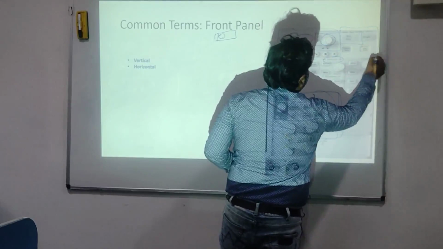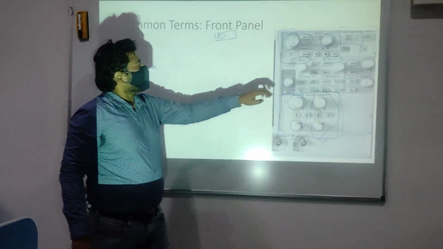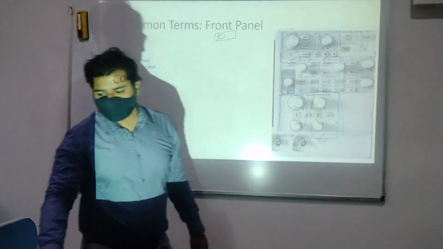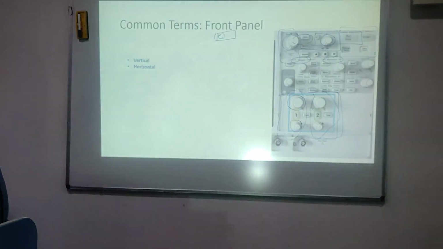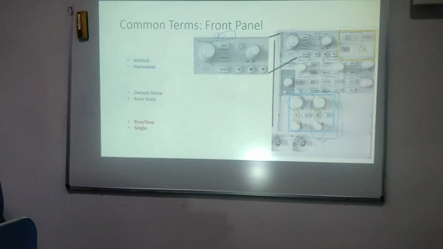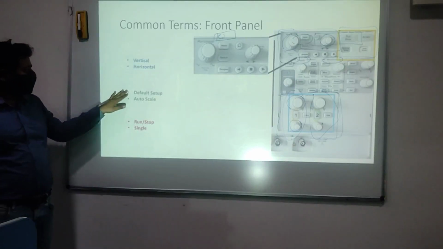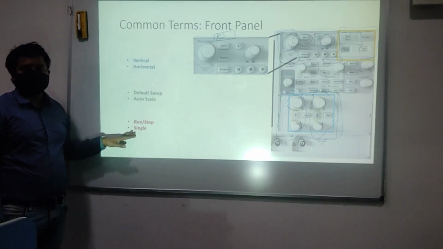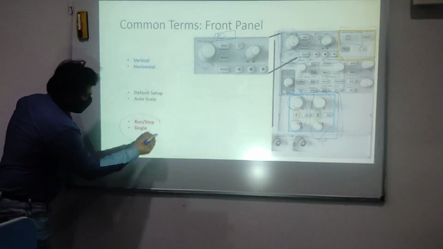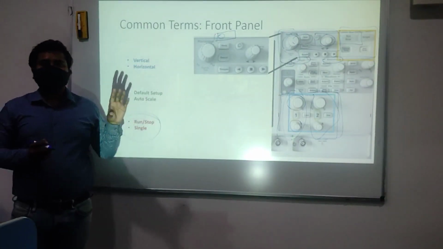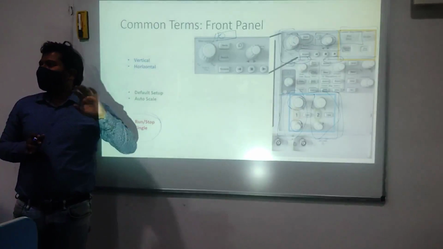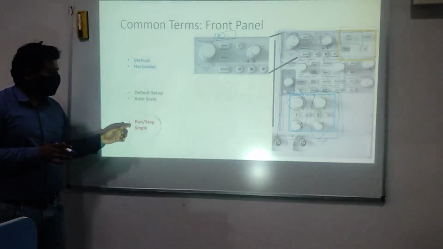Let me talk about this term here. You all can see run, stop. Let me move the slide further. So you have these terms: default setup, auto scale, run, stop, single. So run, stop and single, what happens? Your oscilloscope is capturing the waveform.